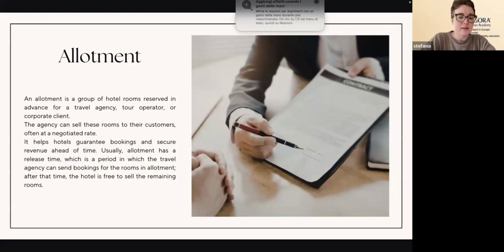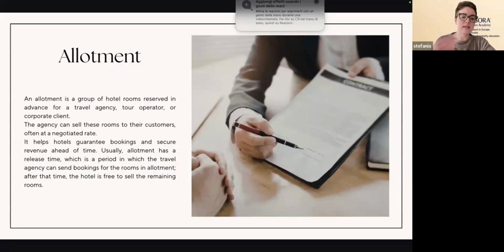And usually allotment has a release time, which is a period in which the travel agency can send bookings. So for example, with a release time of 10 days, the agency can send bookings until 10 days before the arrival date.